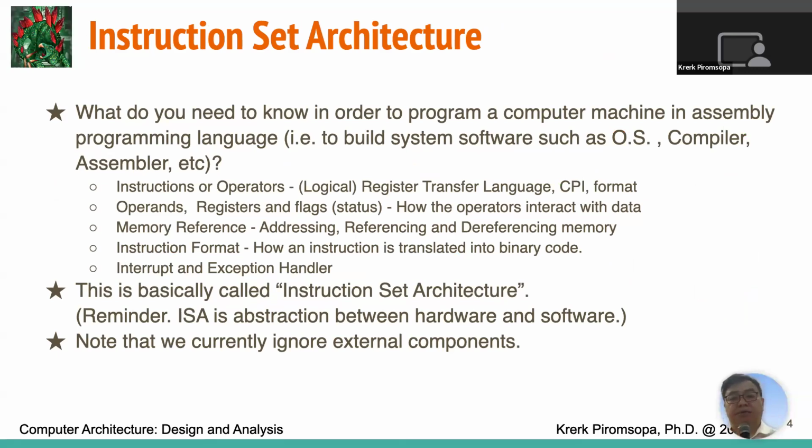Again, instruction set architecture is abstraction. So a quick question: if I hand a document to you, and that book happens to say Intel instruction set architecture, for example, Intel processor, what will you see in this book?